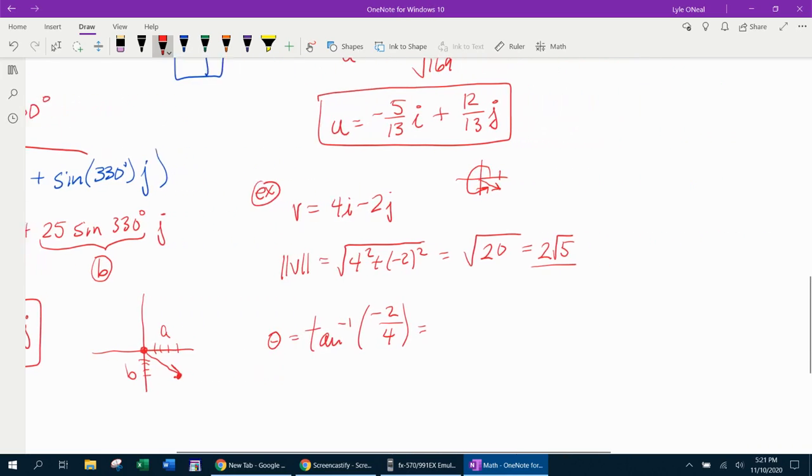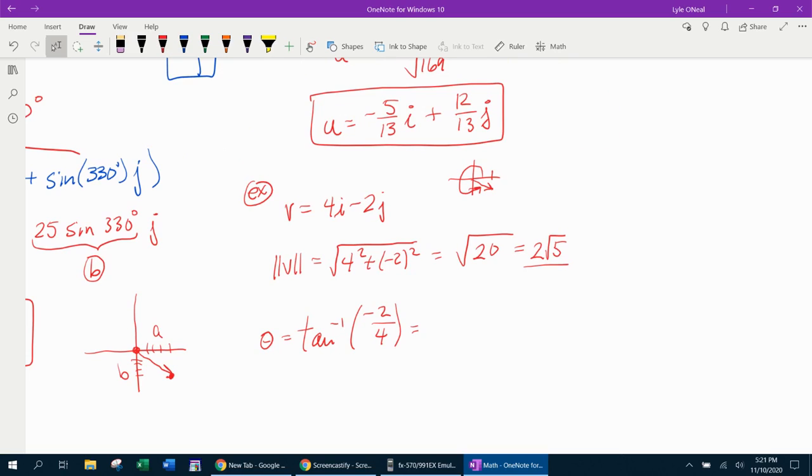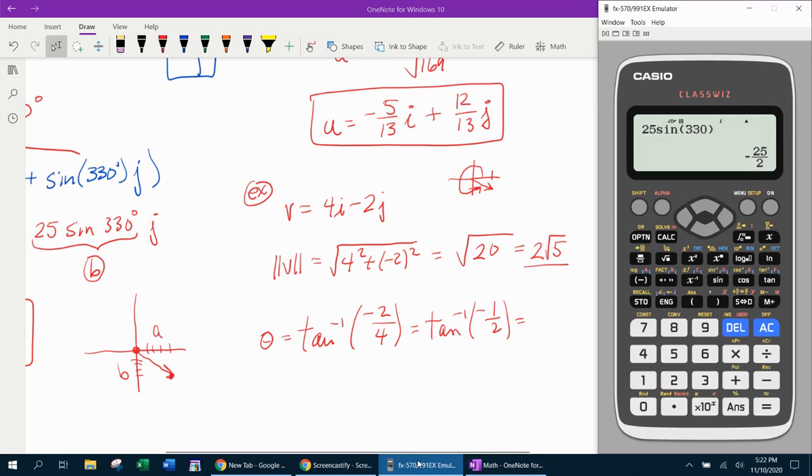So when we pull up our calculator to calculate the inverse tangent of negative 2 over 4, which, by the way, reduces to the inverse tangent of negative half. I want that to be in degrees, and I'm already in degree mode. We're going to do inverse tangent of negative 0.5. It's equivalent to negative 1/2, that doesn't matter.